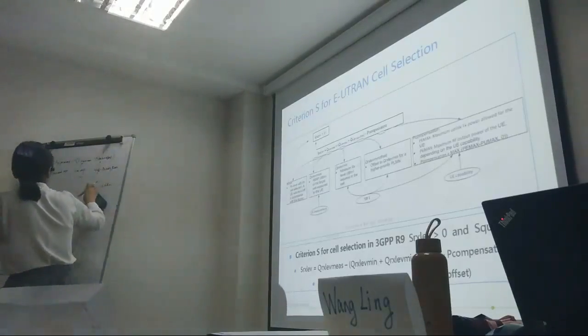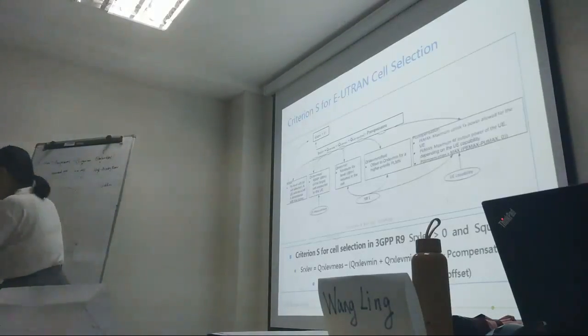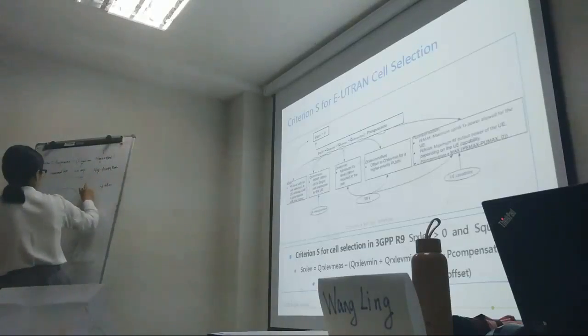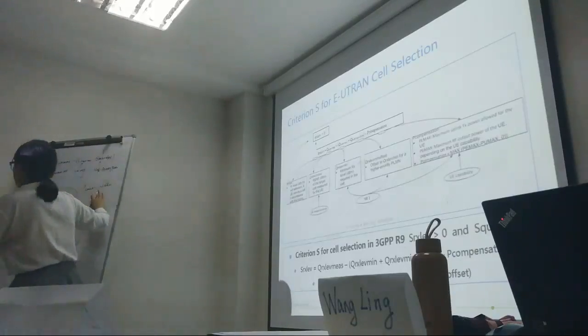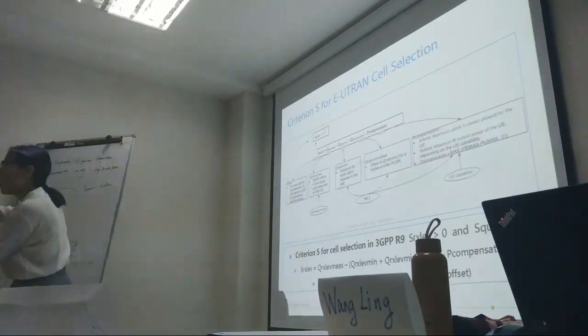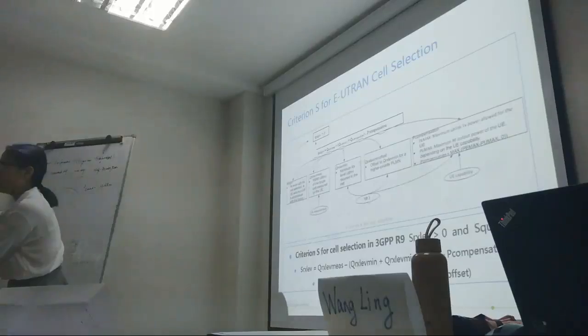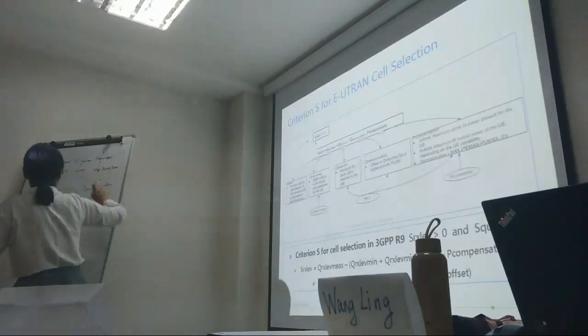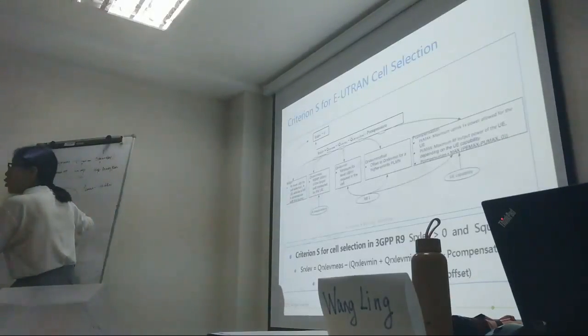So the PE max is what the network sets as the maximum power the UE can use, 23 dBm. But the UE has different capabilities.